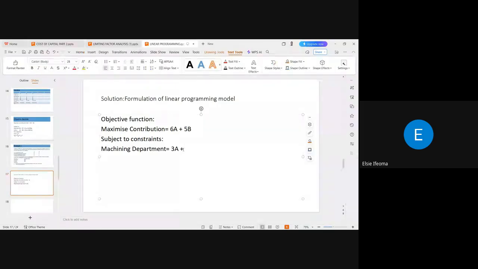This will be less than or equal to what? 600 hours.